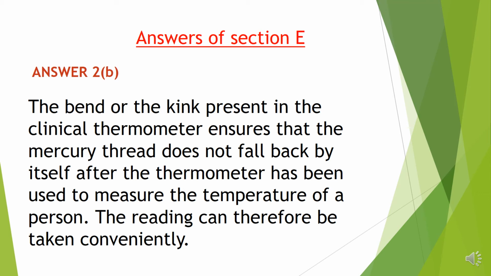We all know that mercury expands due to thermal expansion when it takes temperature. But this kink ensures that the level of the mercury does not fall back by itself when it is taken out of the mouth of a person. So the reading can therefore be taken very conveniently.